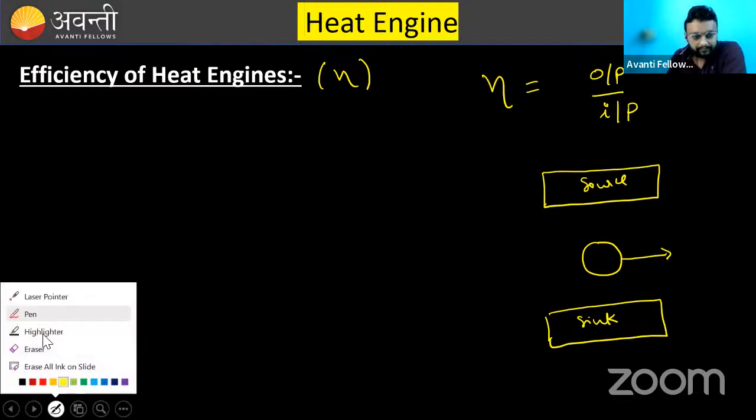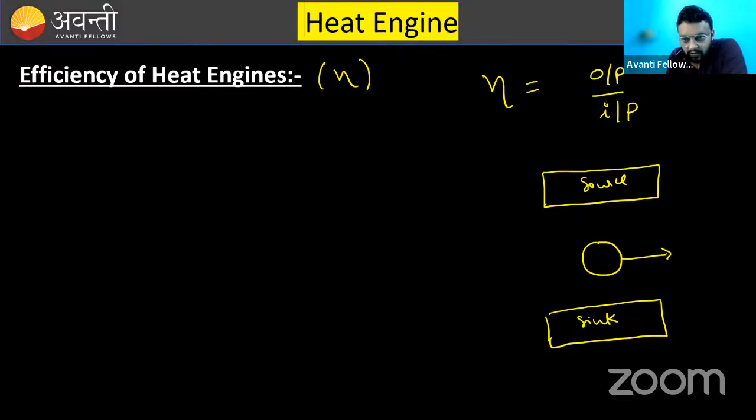Let's suppose Q1 heat is taken from the source and Q2 heat is rejected, and some work W is performed. From the first law of thermodynamics, W is equal to Q1 minus Q2.